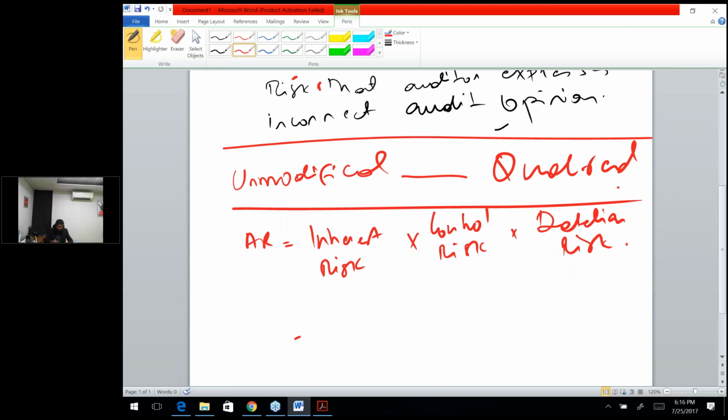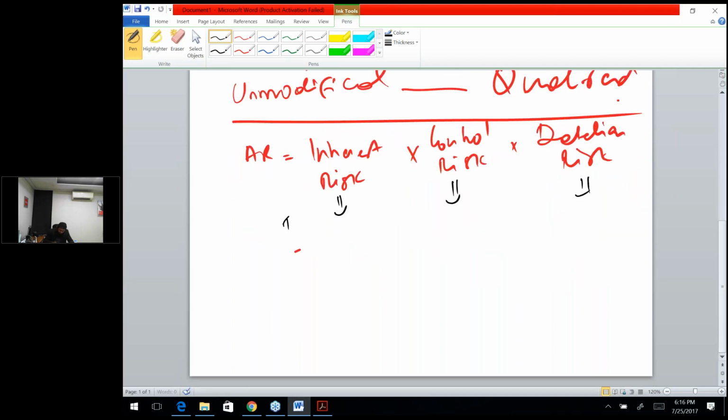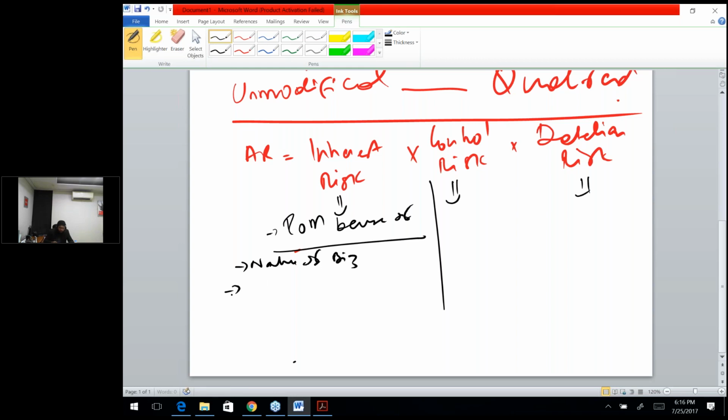Taking this discussion forward, inherent risk is the risk of misstatement because of the nature of business, because of the complexity of the transaction, or because of the possible complexity of the accounting treatment.